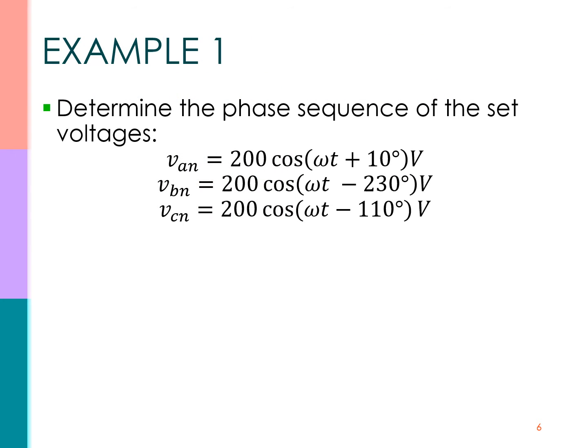To make the definition of phase sequence clear, let me do this example. We want to determine the phase sequence of this set of voltages, that is, whether this set has an ABC sequence, positive, or a negative sequence, ACB.